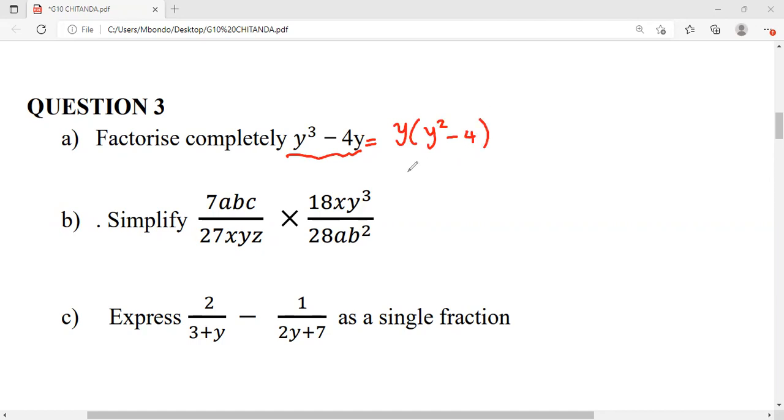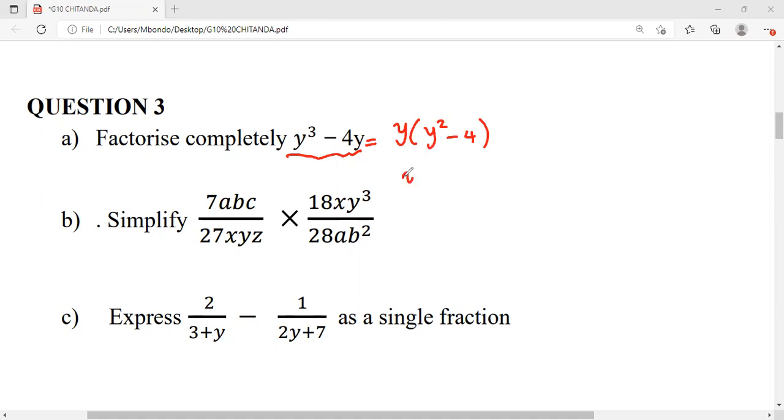And at your level in grade 10, you'll have learned different methods of factorization, of which a difference of 2 squares is one of them. So when you look at what we have in the brackets, you'll be able to realize that you can further factorize using a difference of 2 squares.